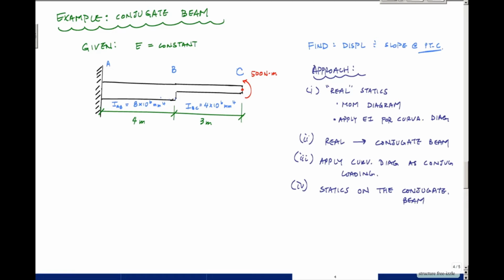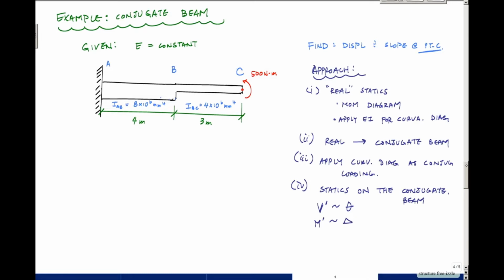The whole point of the conjugate beam method is really to utilize statics principles to calculate slopes and deflections. The idea is that a shear in the conjugate beam corresponds with an actual slope in the real beam, and a moment in the conjugate beam corresponds with a deflection in the real beam.